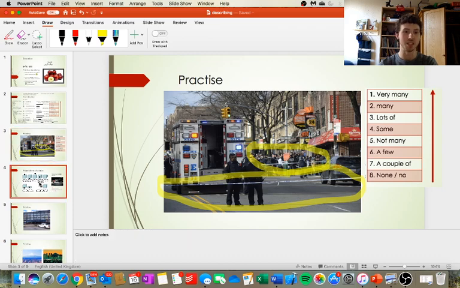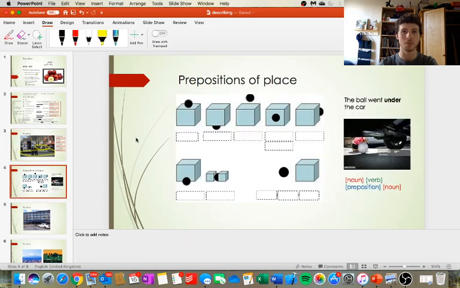Next activity. Prepositions of place. For example, the ball went under the car. So we have noun, the ball, verb, went.